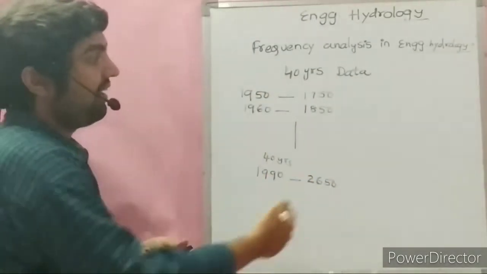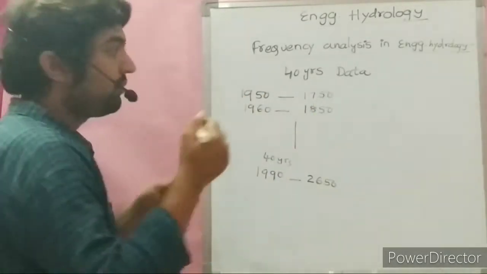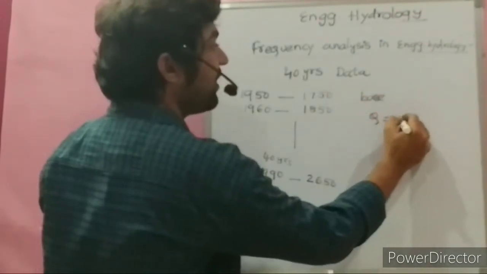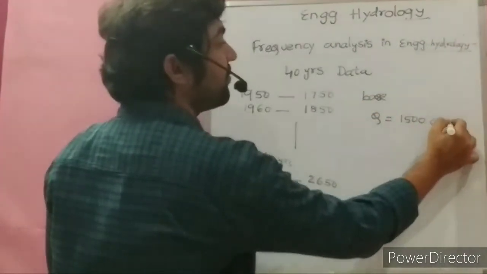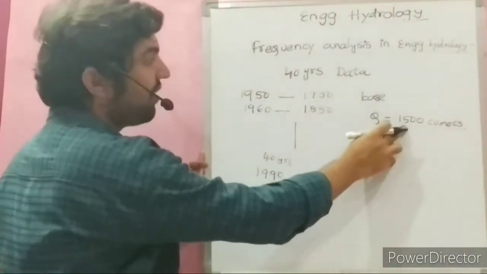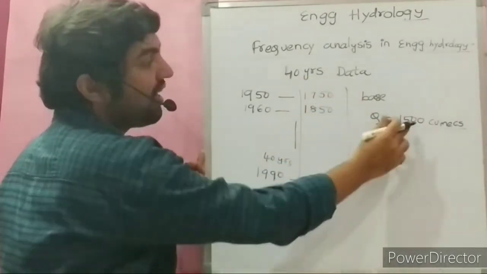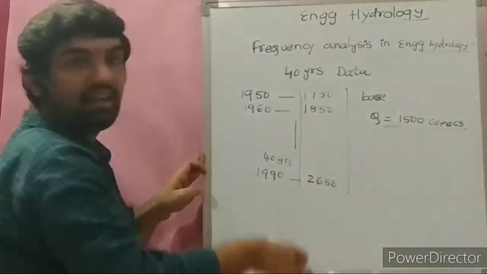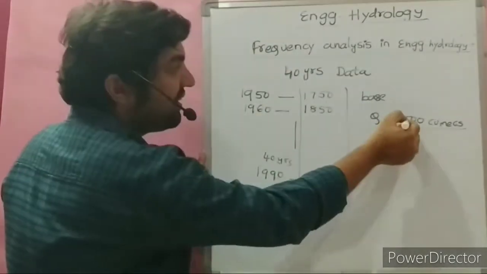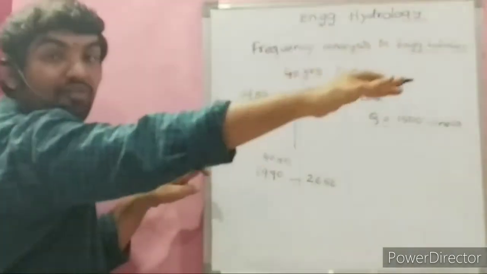How frequently? It means I put one base value, like Q is equal to 1500 cumecs. I have put one base value 1500. What is the number of floods that are exceeding or equaling this 1500? You see in this data, you check if the discharge is more than or equal to 1500.